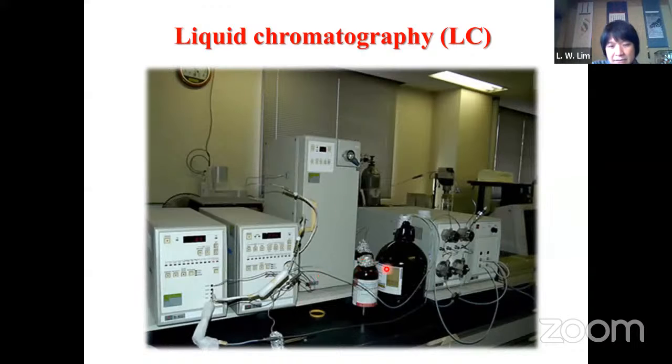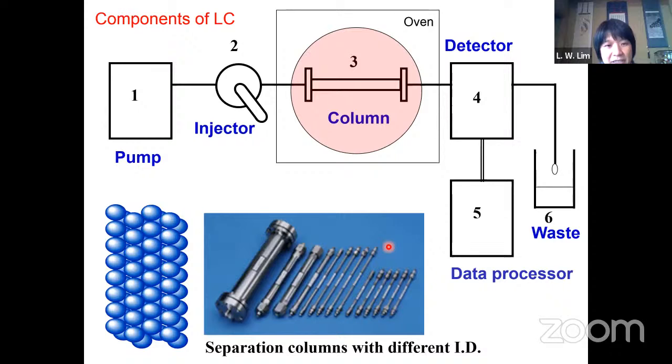If you just look at these photos, it is difficult to see the components. So I will use an easier way to understand. This is the detailed components of liquid chromatography. For many weeks, we have talked about the column materials, the mechanisms: adsorption, ion exchange, affinity, size exclusion.